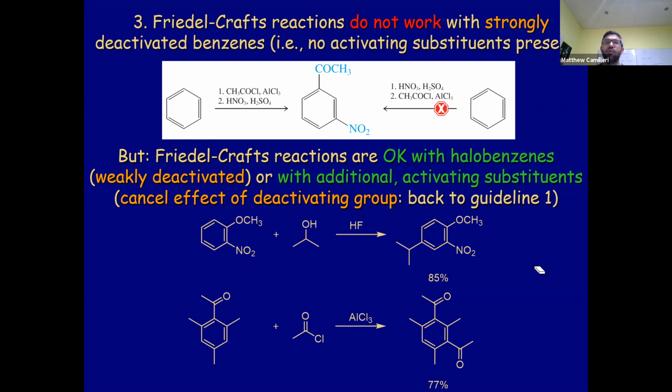So if you want to add a nitro group and an acyl group, first add the acyl group, then add the nitro group.